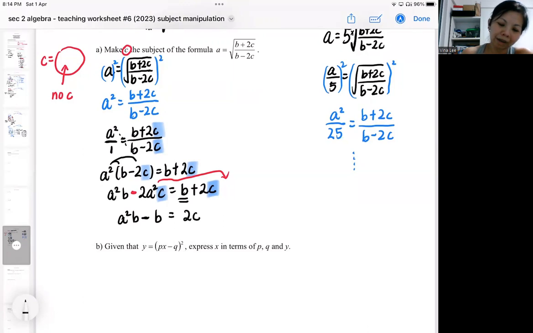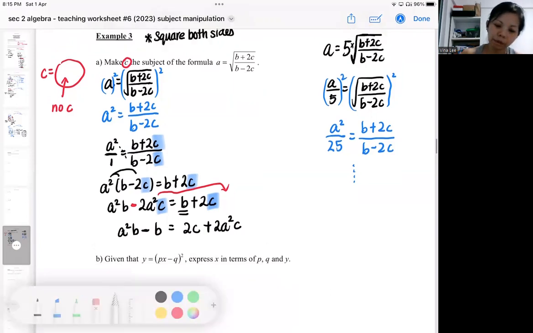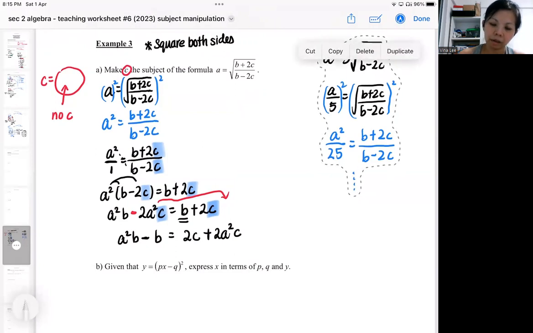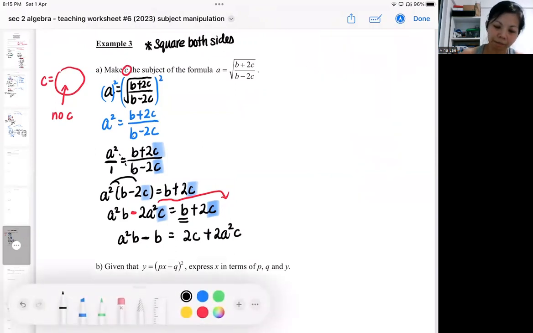I'll bring the minus 2a squared c to the right so that I get a plus. Sometimes I don't like to see too many negative signs, so I rather move it to the other side. Once I move it to the other side, then I can rearrange them.